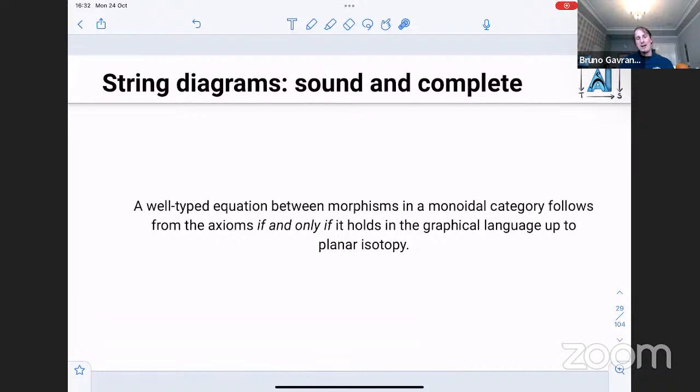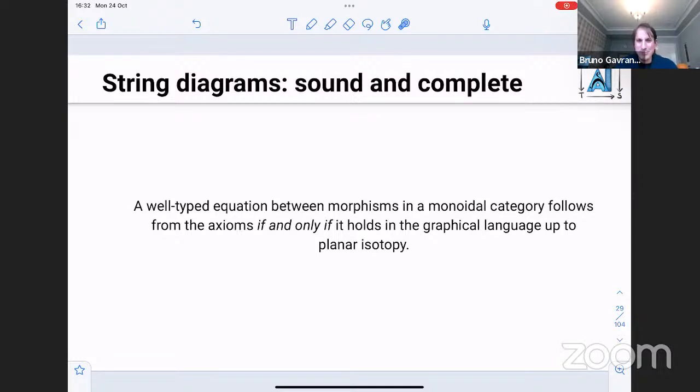So this is the idea of these string diagrams and monoidal categories, is that we can translate back and forth between equations and morphisms in a monoidal category down to the graphical language. And we can transform things up to planar isotopy in this graphical language and still get a valid equation in the language, in the equations that we had before.